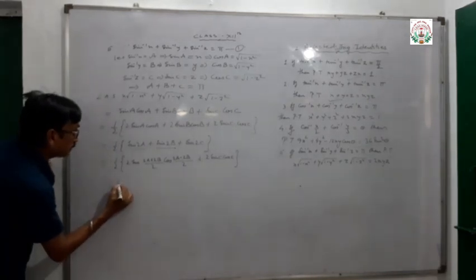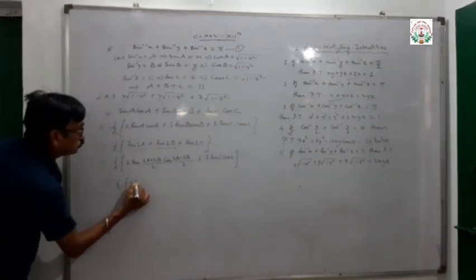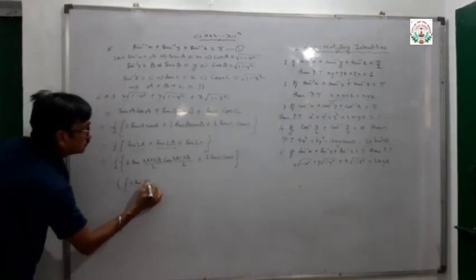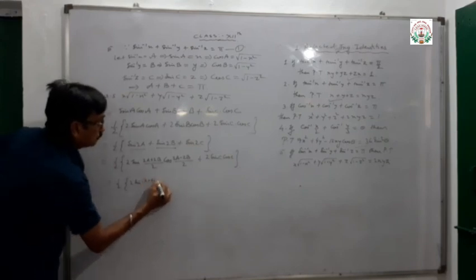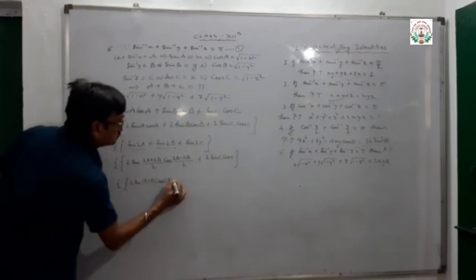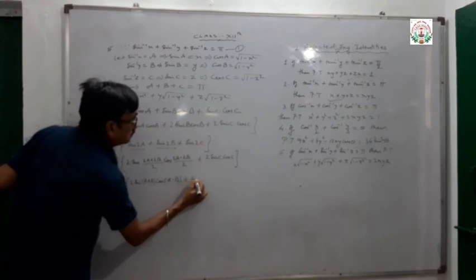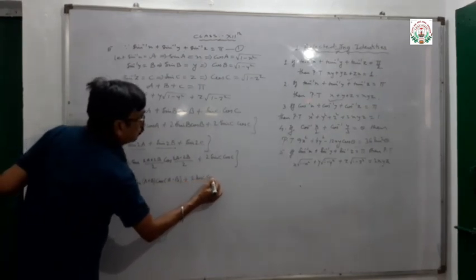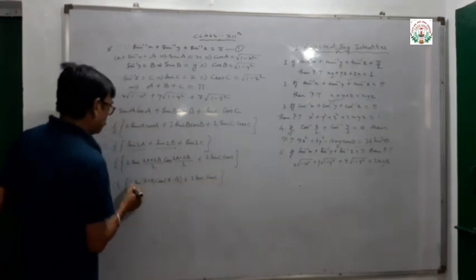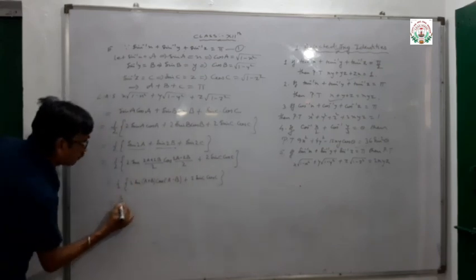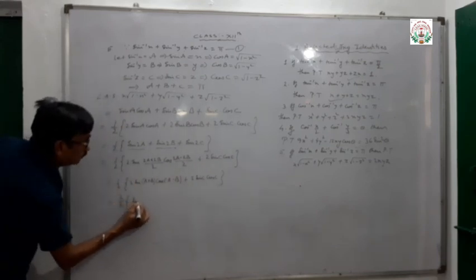Now 1 by 2 sin (A plus B) cos (A minus B) plus 2 sin C cos C. This 2 we can take common, 2 by 2 sin (A plus B).